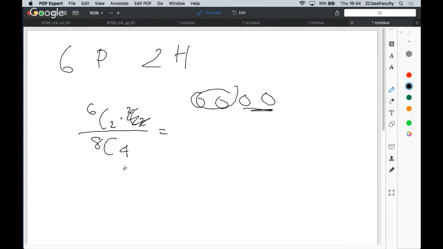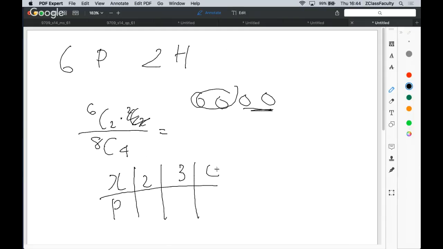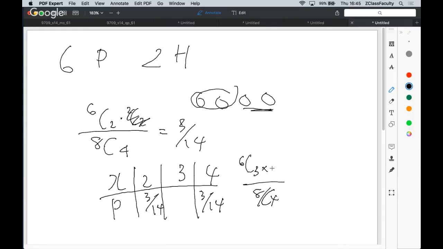Drawing the page. Okay, x is 2, 3, 4. 3 times 2, 2, 2.